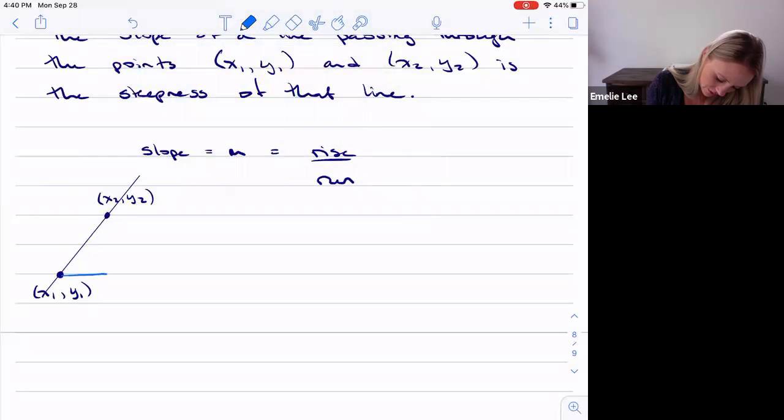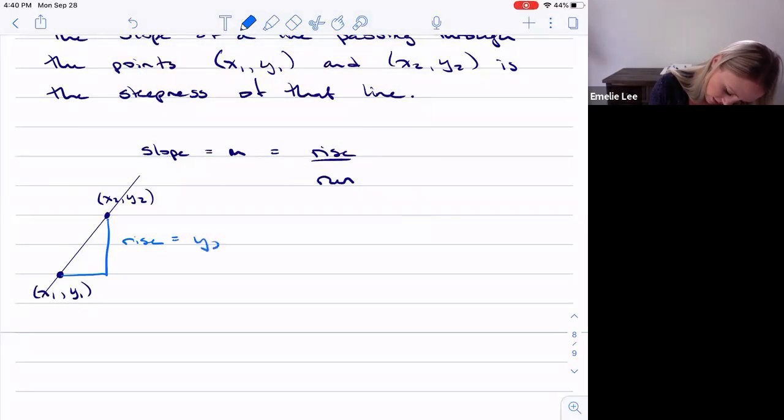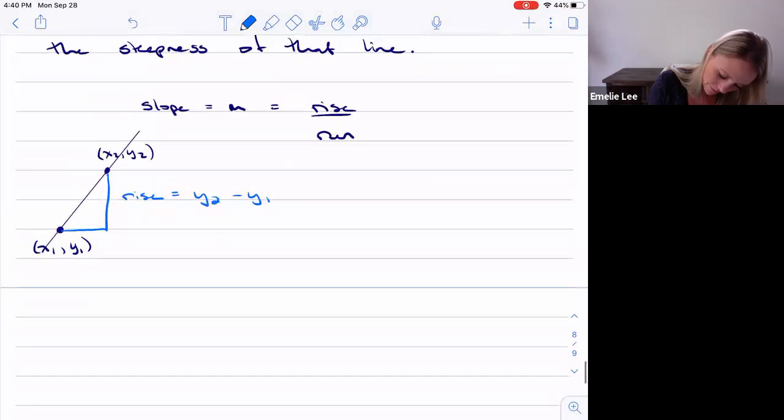So if I want the rise over run, then what I'm looking at here, this is the rise. And if I have to calculate it, the rise is going to be y2 minus y1. And then here, this is the run.